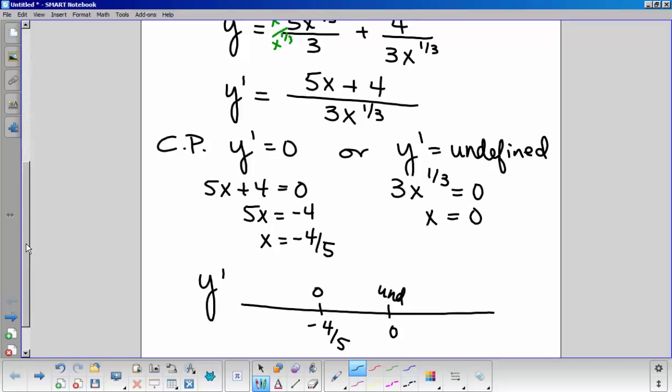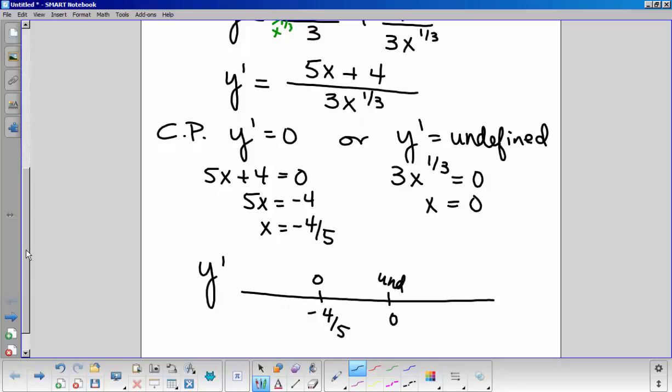It is a positive sloped line, passing through 0. And then what about the cube root function? Everybody remember what the cube root function looks like? It looks like the square root on one side, but it's odd, so it's going to go underneath. So it's going to look like this.